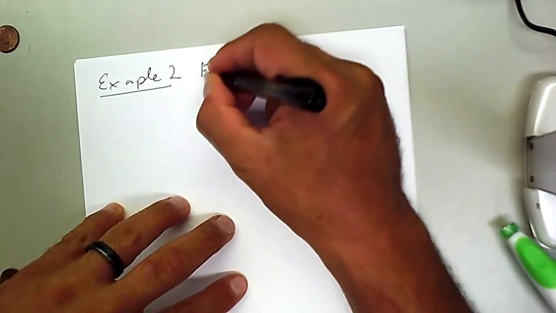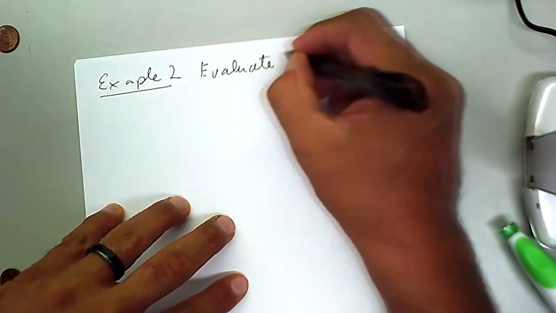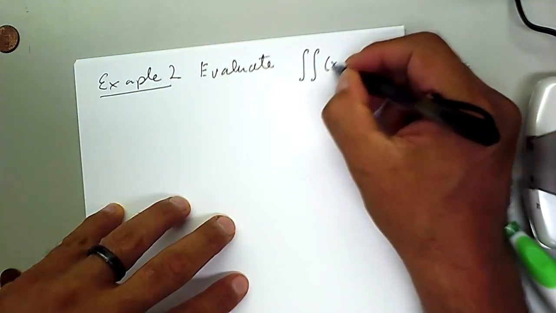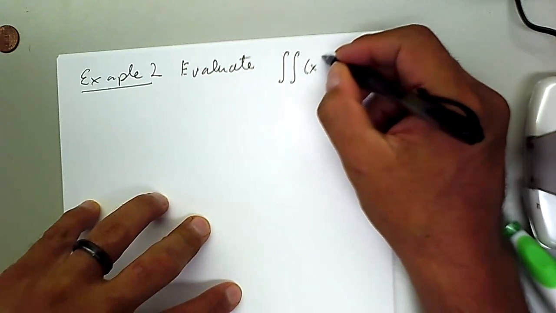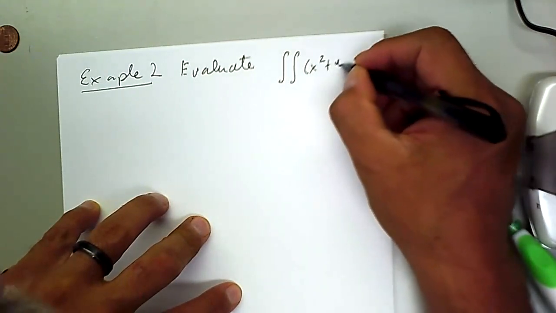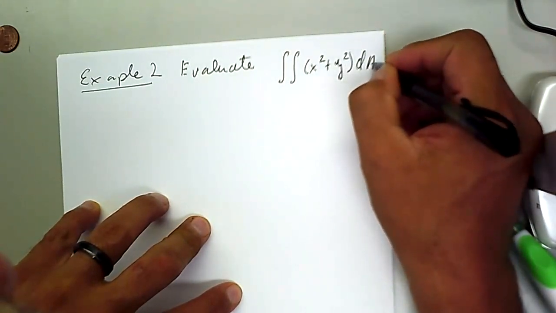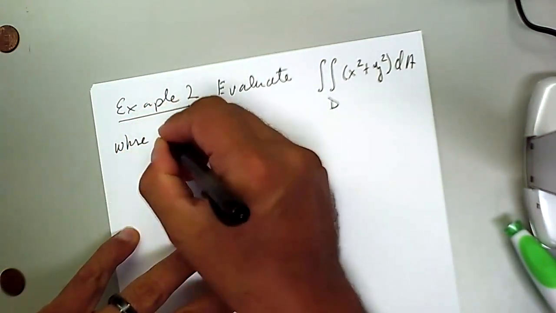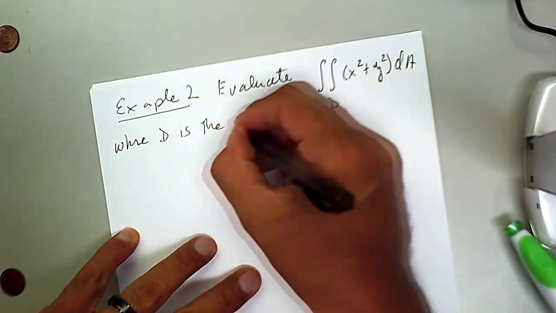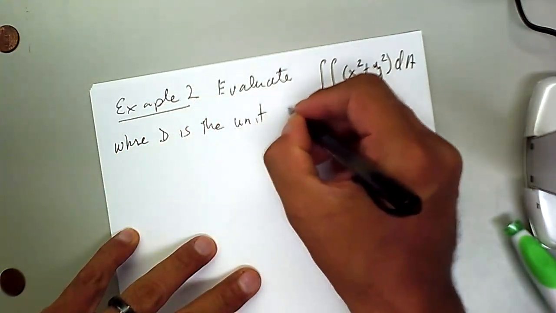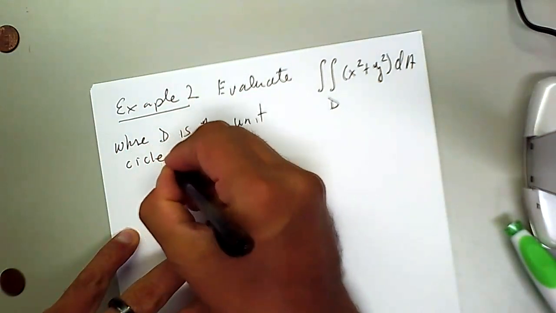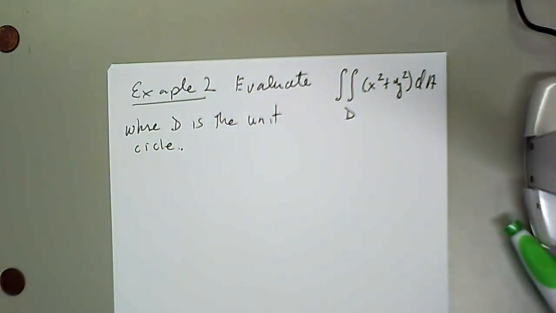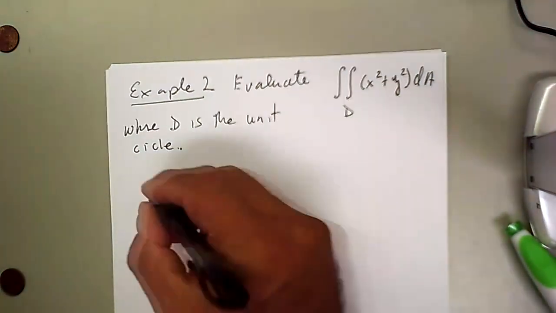We want to evaluate the double integral of, now we're not going to have 1, we're going to have x squared plus y squared with respect to the area over D, where D is the unit circle. So center at the origin, radius 1. Okay. So method 1.